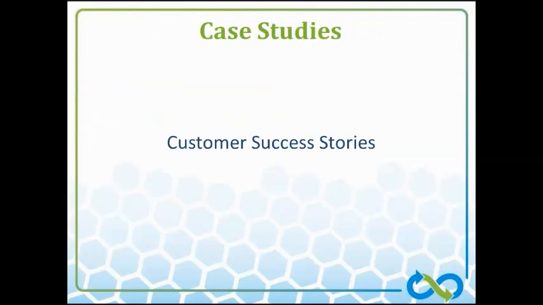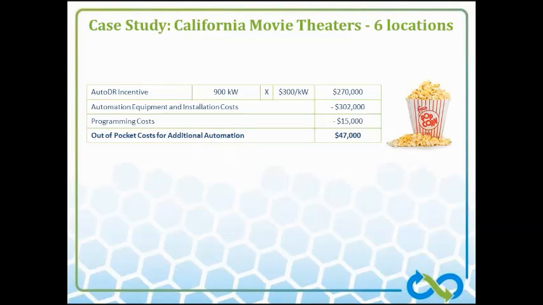So just to give you some scenarios, we've pulled up just a few simple case studies. This specific one is for a chain of 6 movie theaters in California. Their AutoDR incentive for 900 kW, so 150 kW per site and load shed, qualified them for $270,000 in incentives.